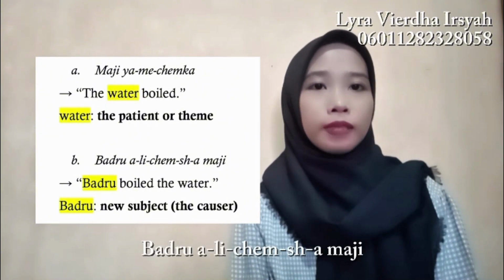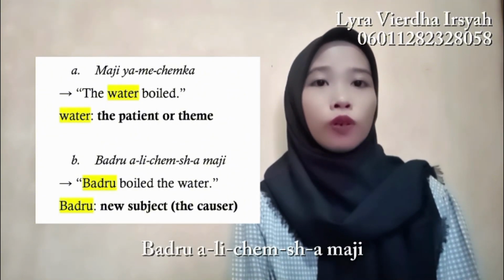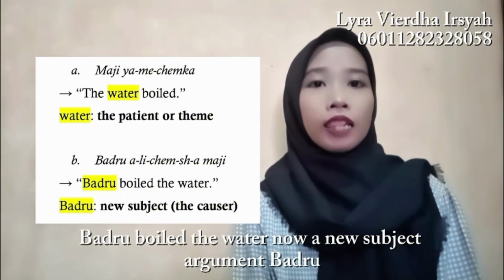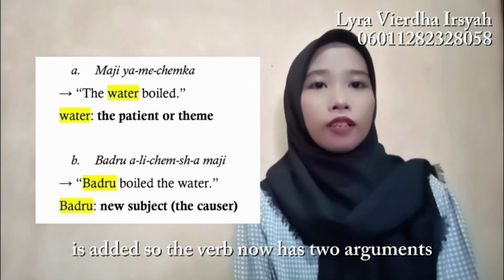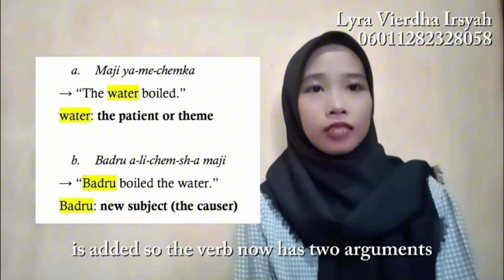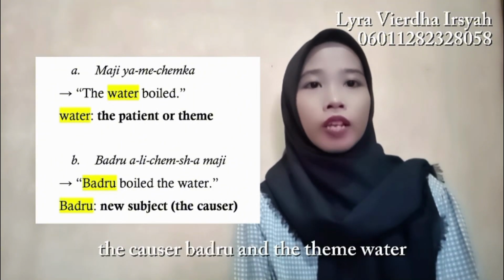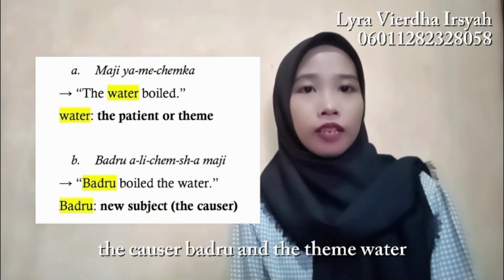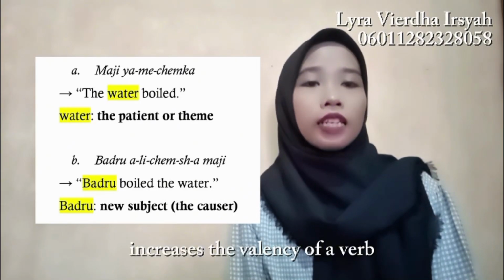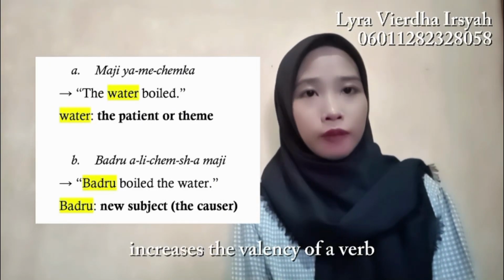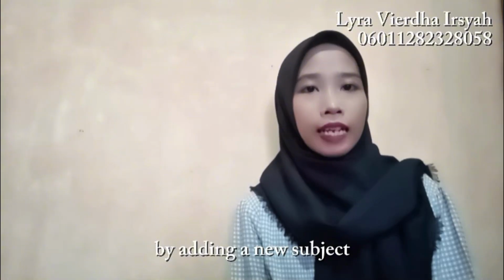"Badru alichemsha maji." Badru boiled the water. Now, a new subject argument, Badru, is added. So the verb now has two arguments, the causer Badru and the theme water. In short, the causative suffix "-sh" increases the valency of a verb by adding a new subject.